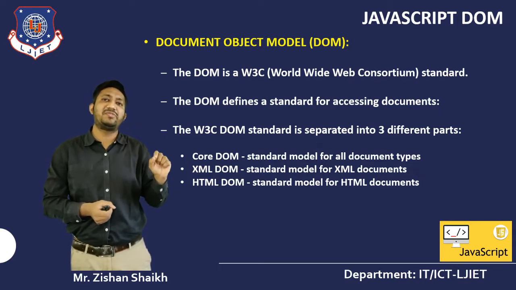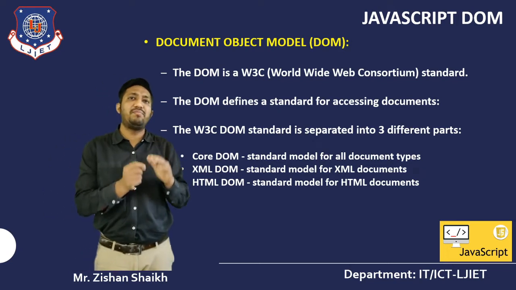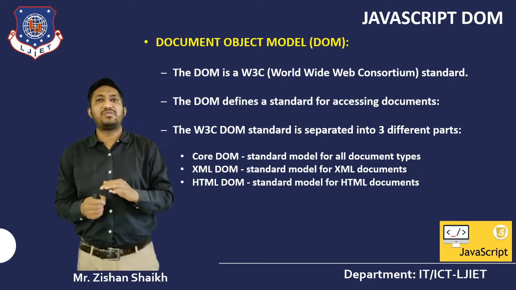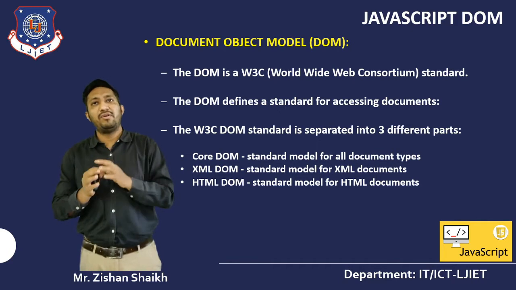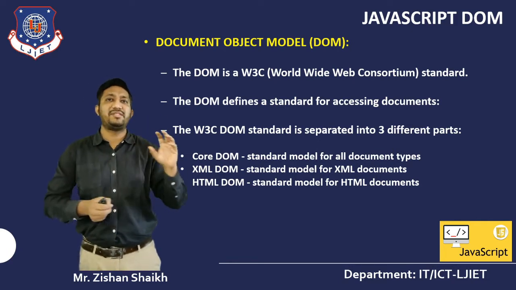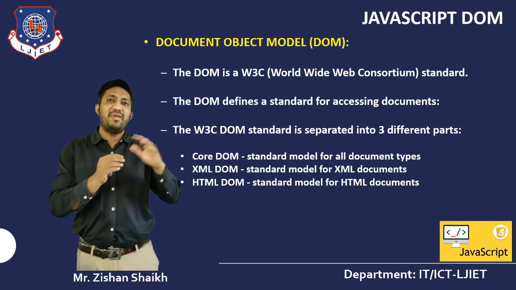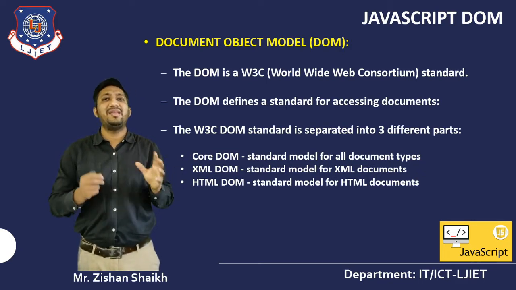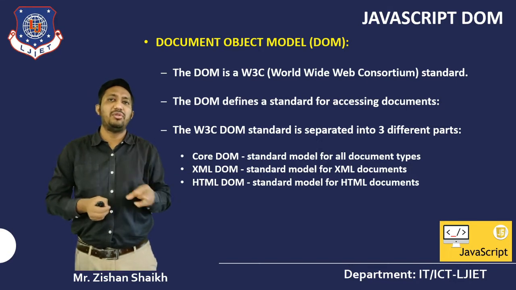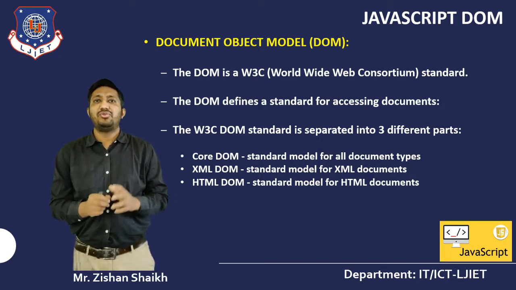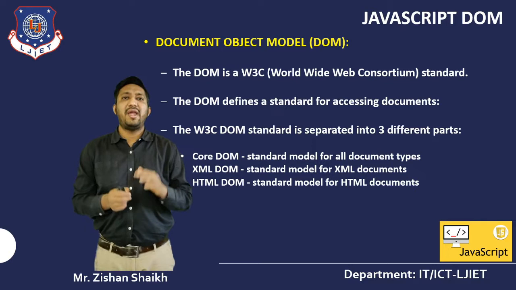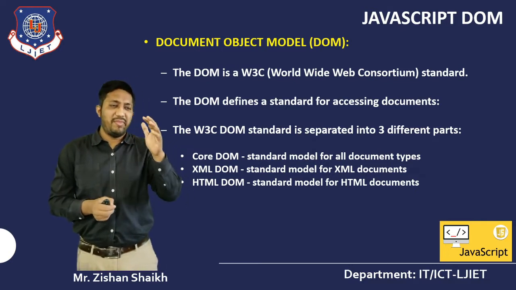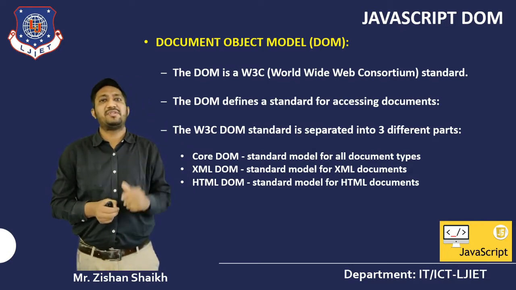That standard must be followed by all the developers who are creating that type of facility. So DOM is responsible for giving one common platform using which a user can easily access data throughout the internet, and any developer manages this type of functionality.